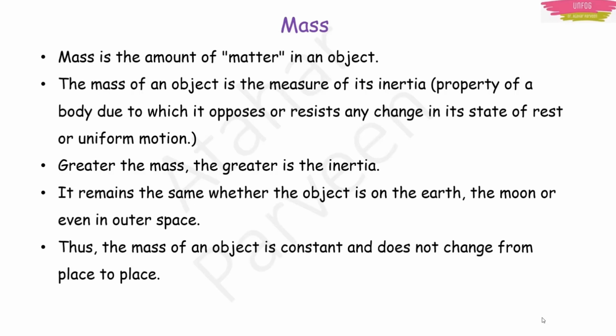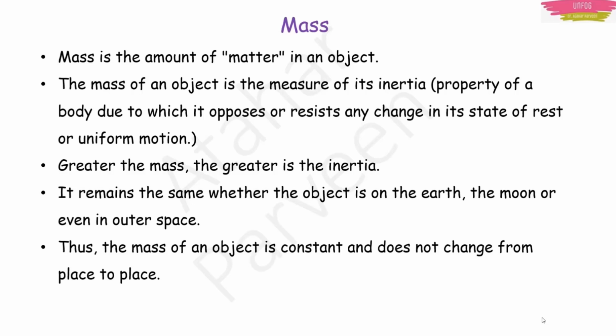For example, if you are standing in a bus and the bus driver suddenly applies the brake, then your body tends to move forward and come back, right? That is happening due to inertia. Your body doesn't want to change its state. It wants to keep on moving.